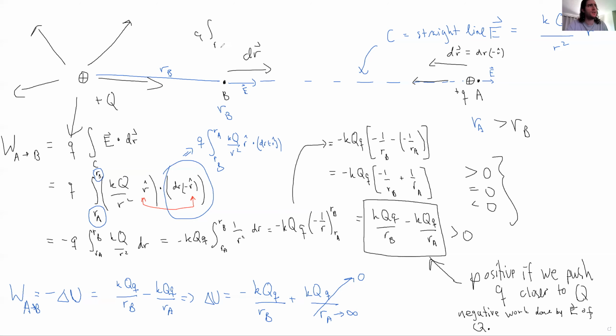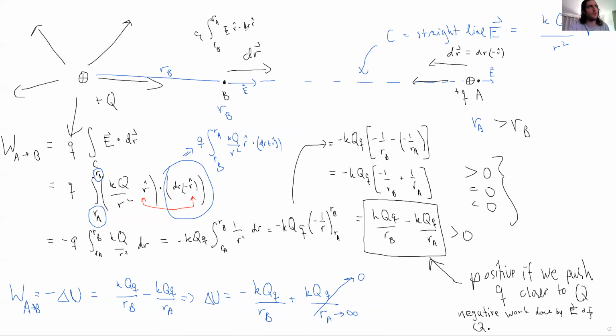The reason I didn't do it this way the first time is because the way we set up the problem is to move from A to B, so I wanted to be careful and do everything from A to B. But of course, if we go from B to A, it's the same answer with a minus sign. So let's write it down real quick. From B to A, it would be the integral from B to A of E r hat dot product dr r hat.